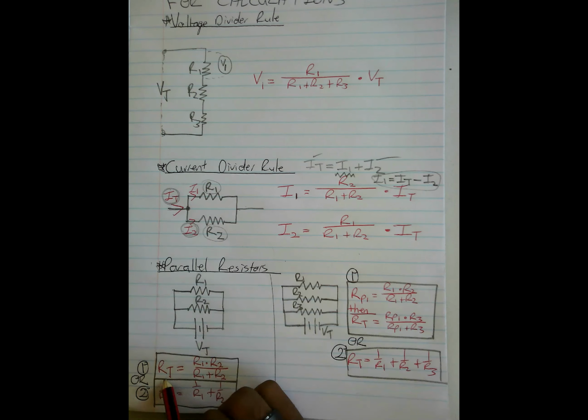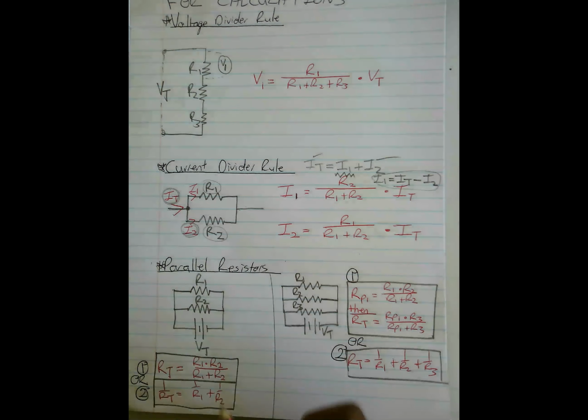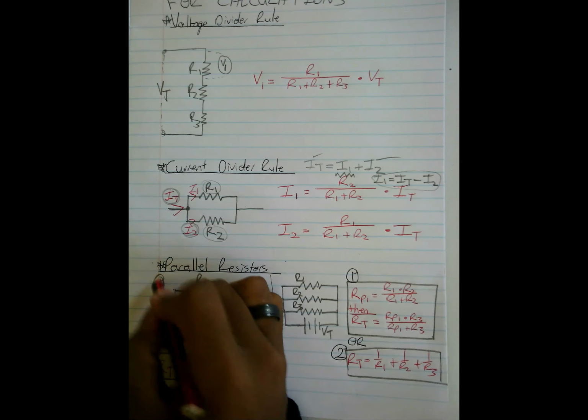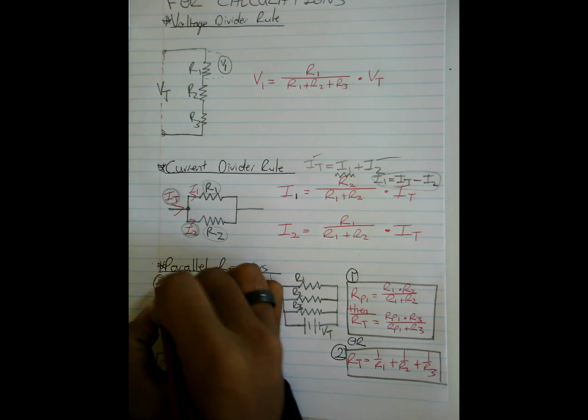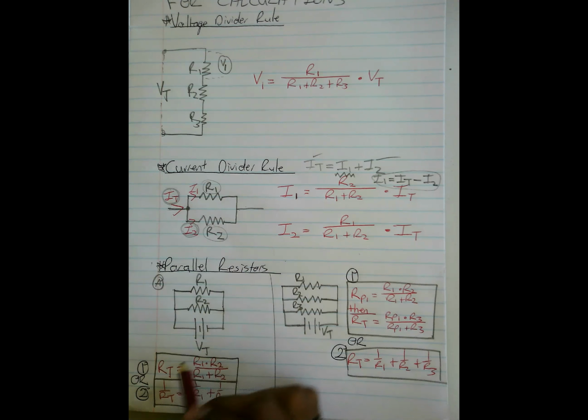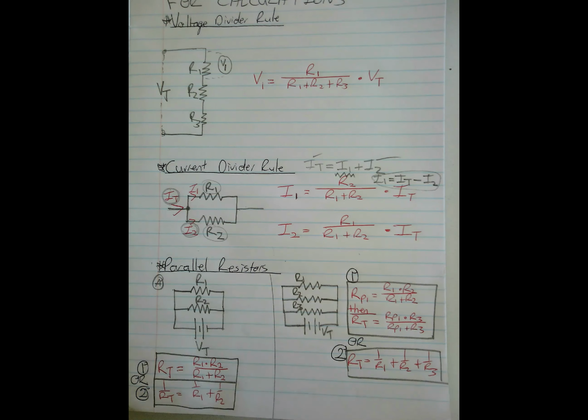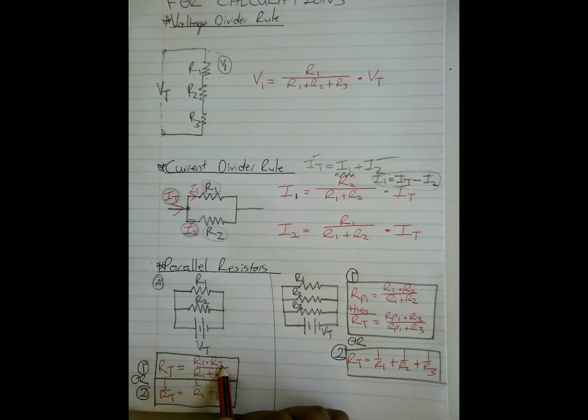So here we have two resistors. On this one over here, we have two resistors. Let's say this is number A. To get the total resistance of two resistors in parallel, we can say R total equals R1 times R2 divided by R1 plus R2.